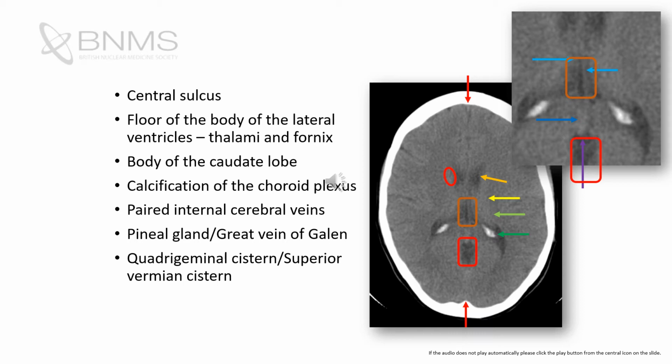And the red box indicates the superior vermium cistern with the great vein of Galen running superiorly and the vermis of the cerebellum inferiorly.